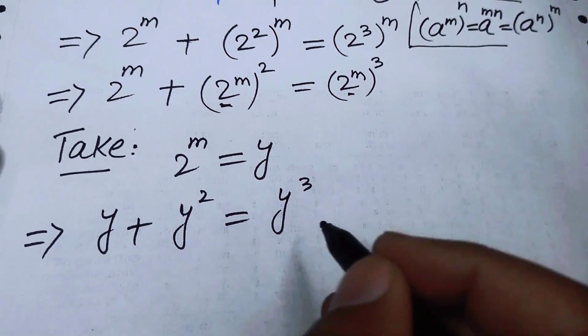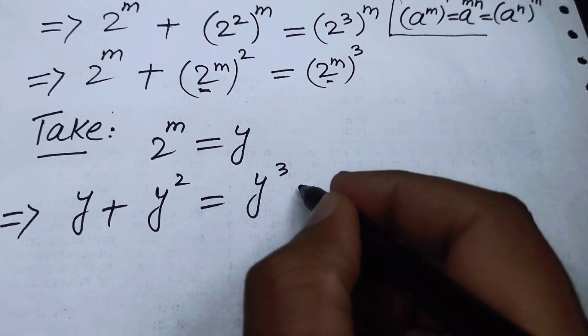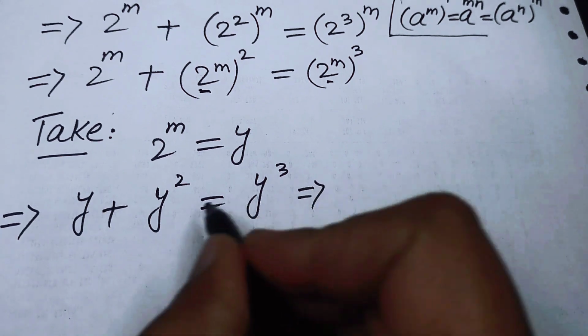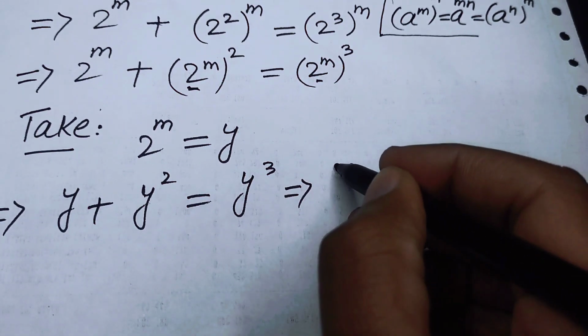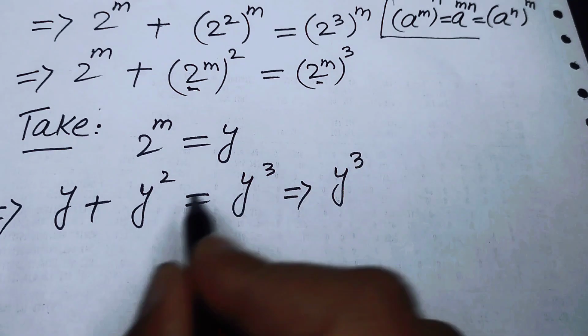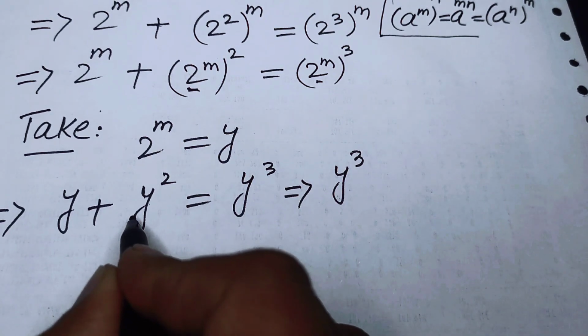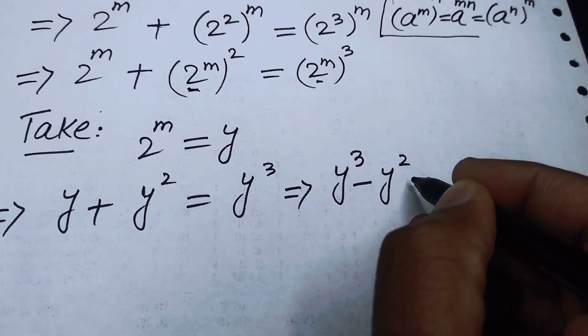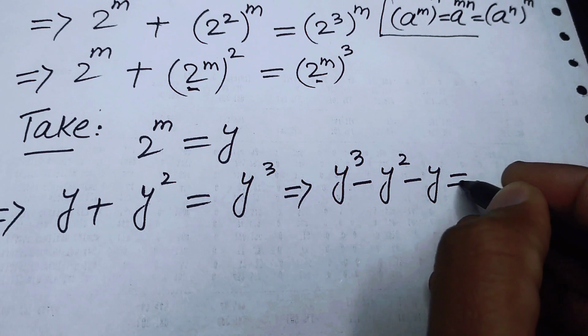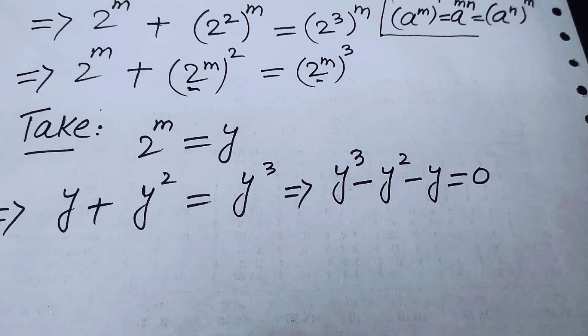After that we can take all the terms from the left hand side to the right hand side, and we will obtain y cube, and here we have plus y square, when we take it to the right hand side it becomes minus y square, minus y is equal to 0.